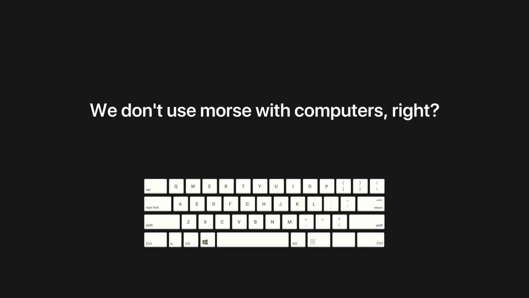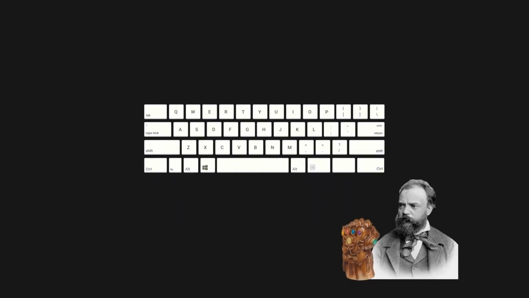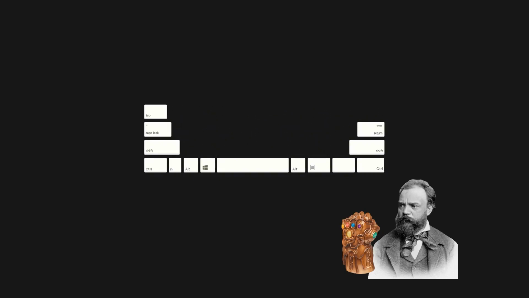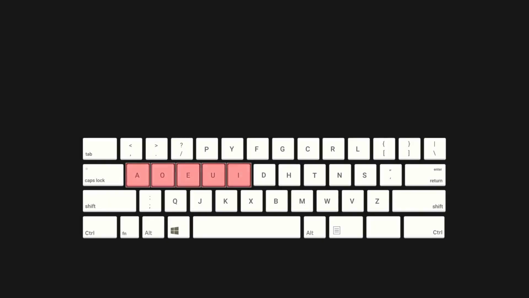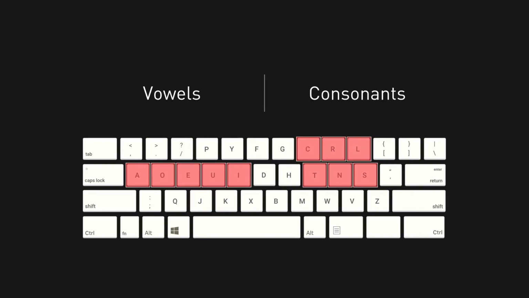Well, we have one, the Dvorak Layout, named after its inventor, the educational psychologist August Dvorak. This layout, that exists since 1936, has been designed with the following principles in mind. On a Dvorak keyboard, vowels and the most used symbol characters are on the left, with the vowels on the home row, while the most used consonants are on the right.